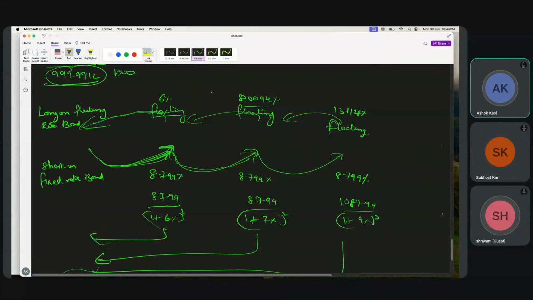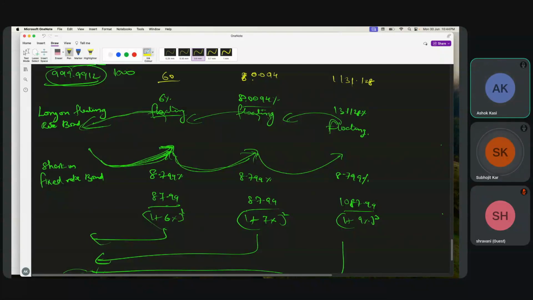Here you are receiving 6, which means 60. Here 80.094, and here 1031.128.